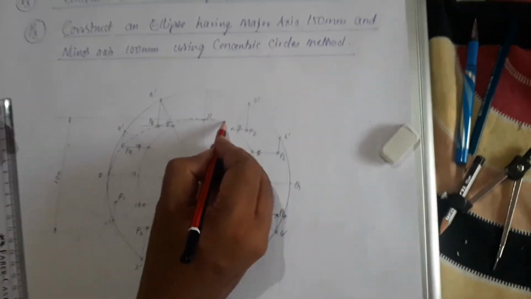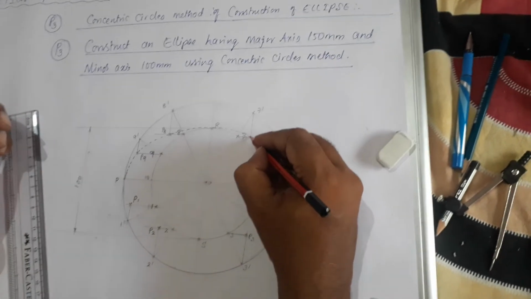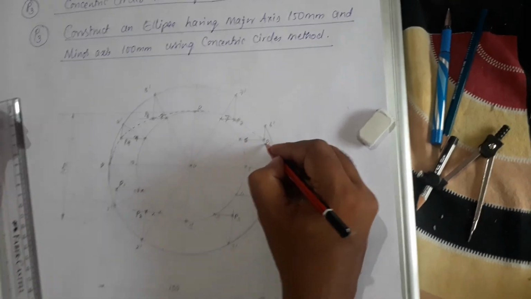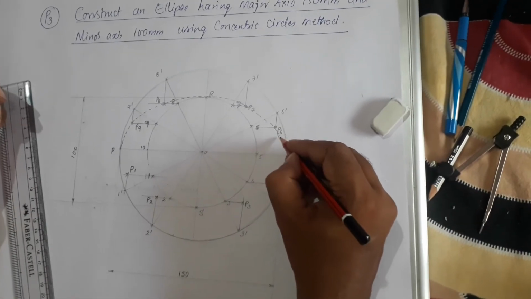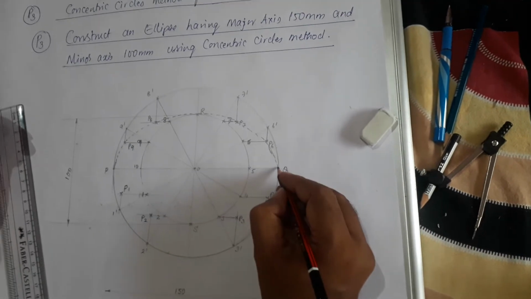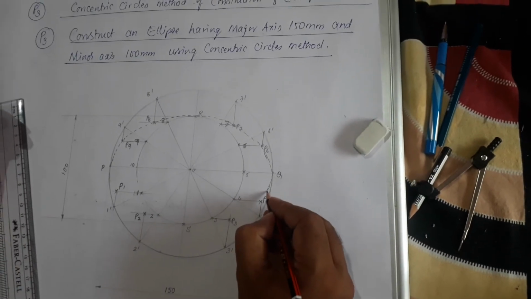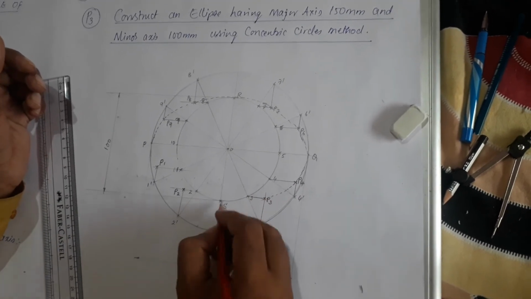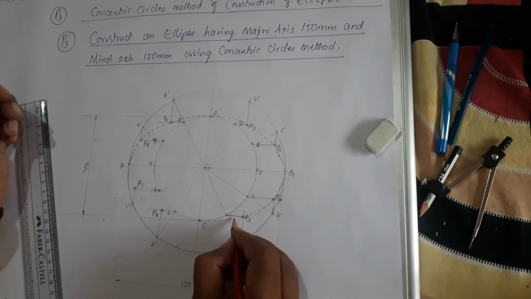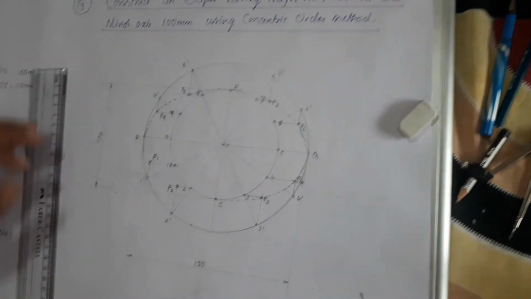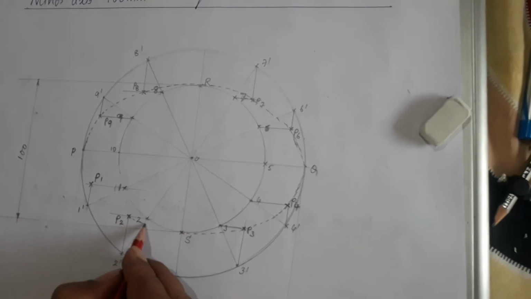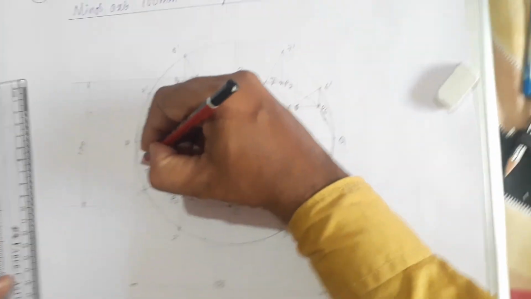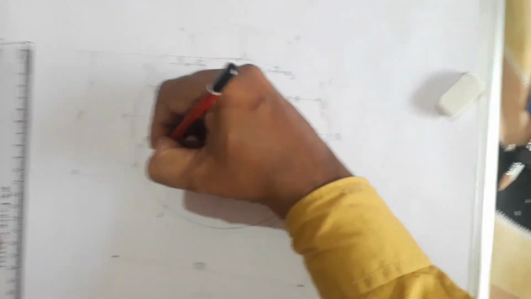Then 7, 6, and Q, then 4, 3, then S, then P2, P1 and then P.